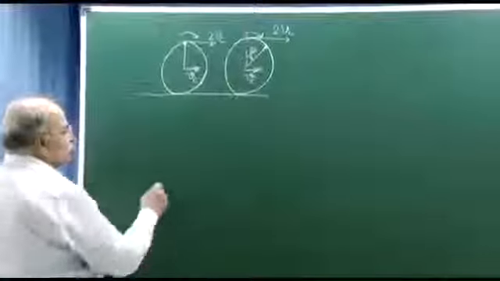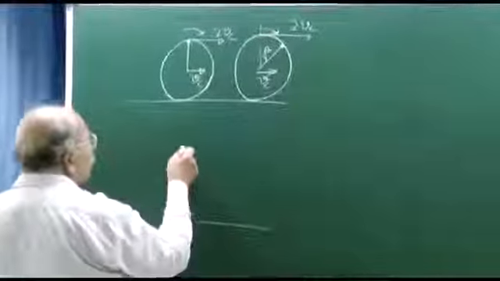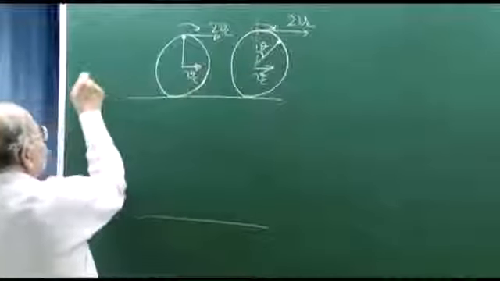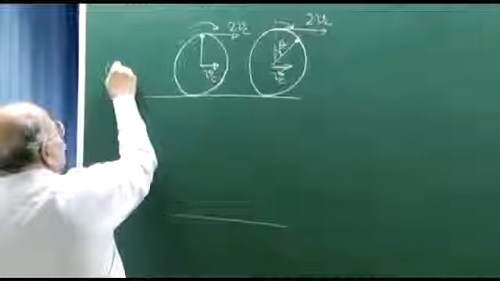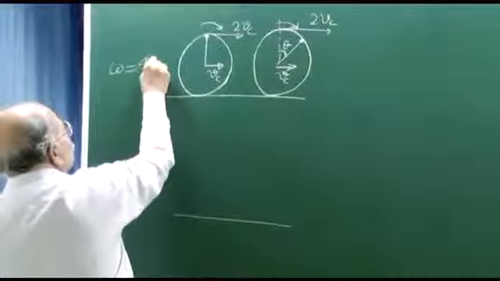In fact, you can generalize. You can always say that omega is this angle which has been rotated in some time, so omega is delta theta over delta t.